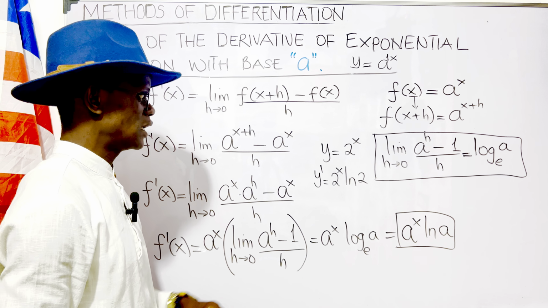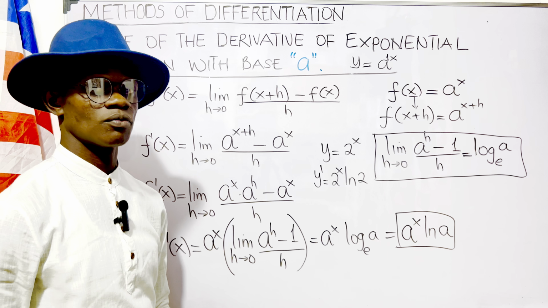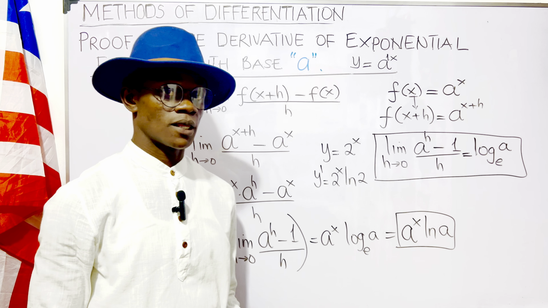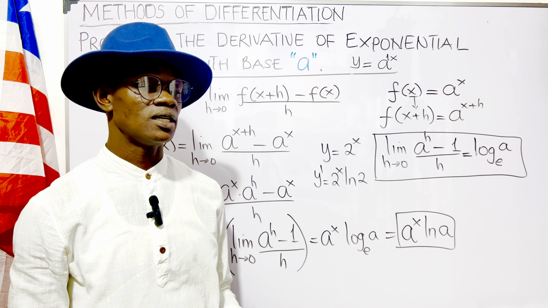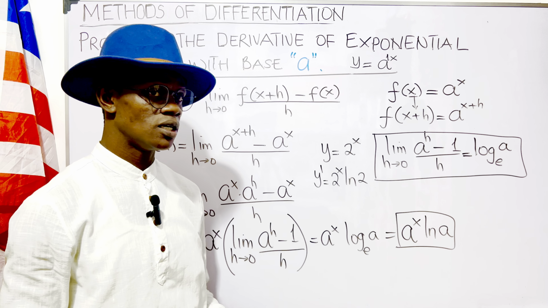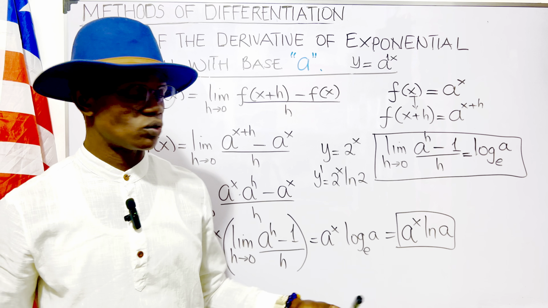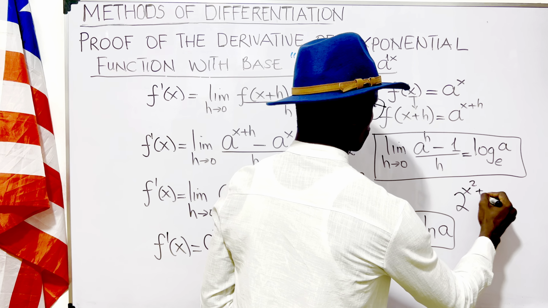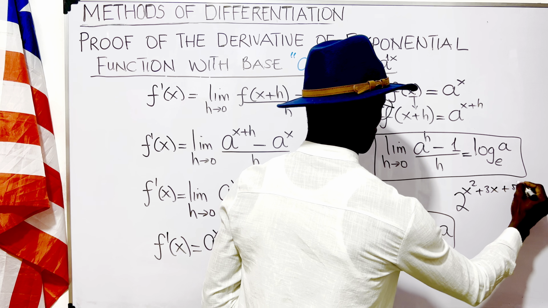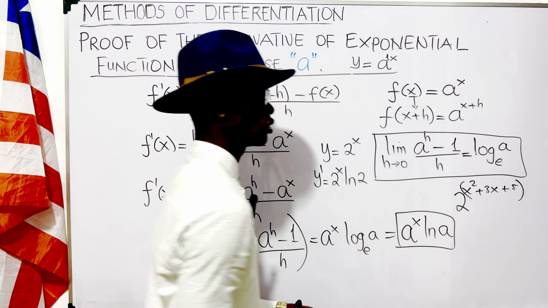Or what if this entire exponent was a function that is not just a linear function? It could be sine of x. It could be x squared plus 1. It could be 2 raised to the power x squared plus 3x plus 5. What if you had this kind of function?